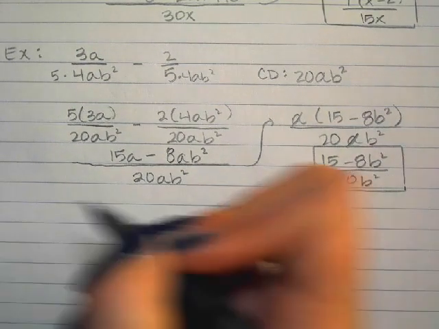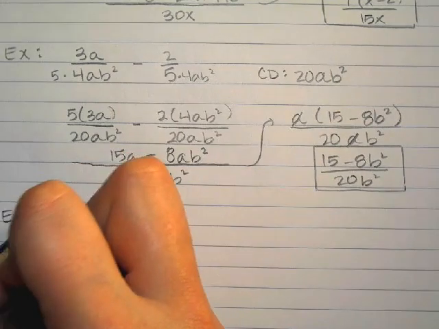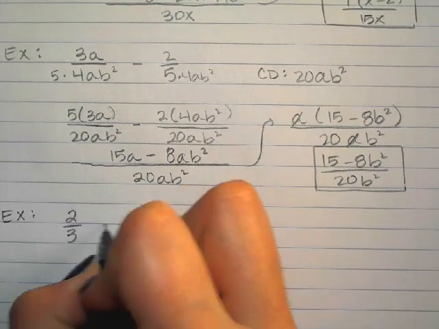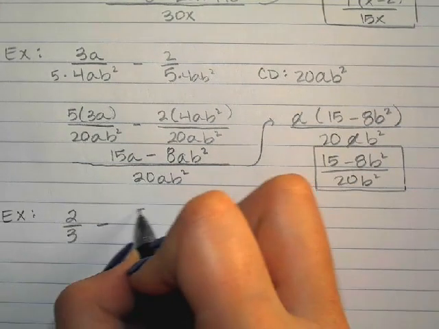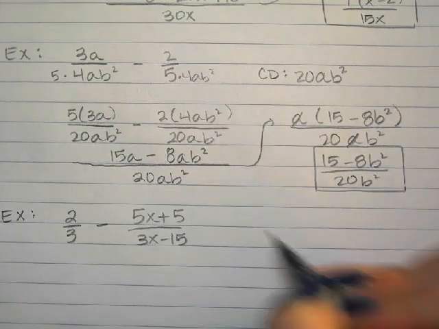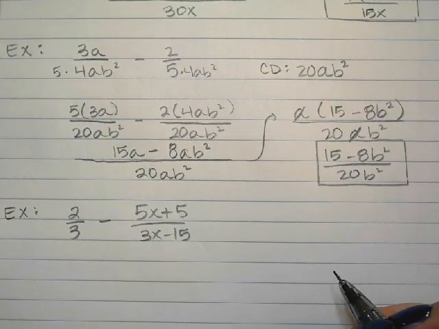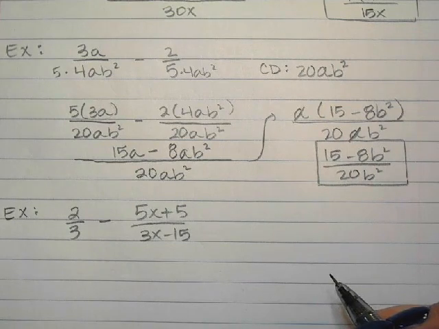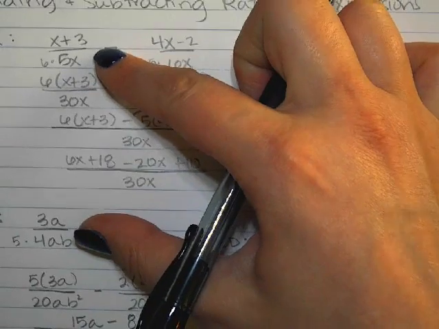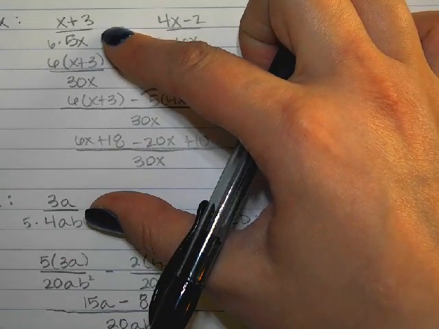All right. Another example. 2/3 minus (5x plus 5) over (3x minus 15). So with this one, you can see that this denominator is a little bit different than the other two. So these two denominators were monomials. They were just one term.